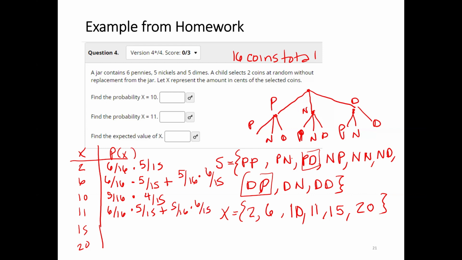So then once you get all these probabilities, you can find the expected value. So you can put this in a list and this in a list and calculate them up. Okay, are you really listening to me?